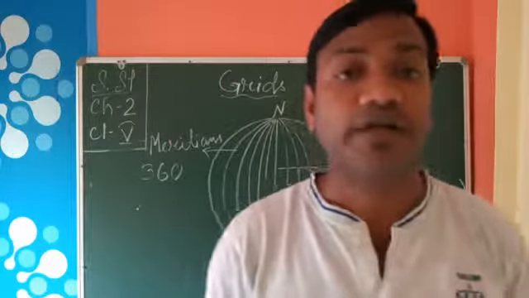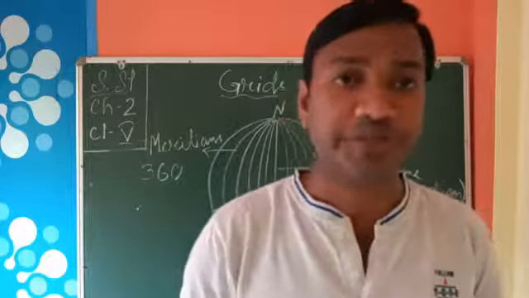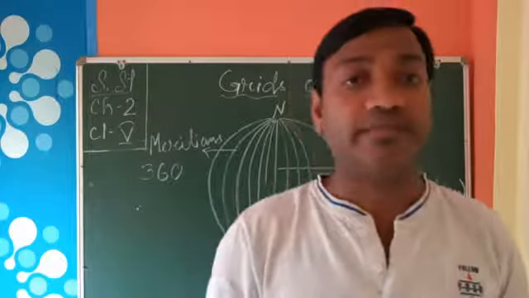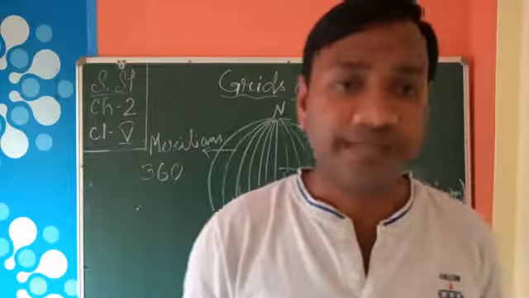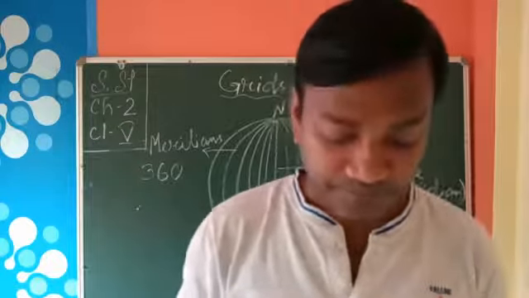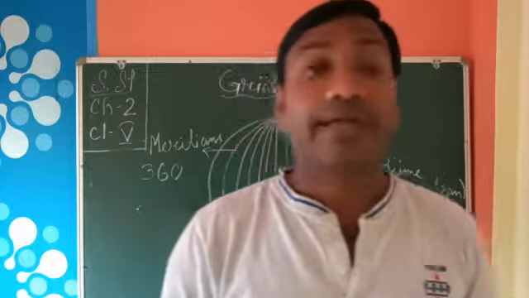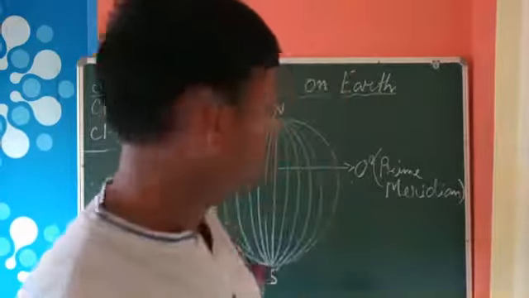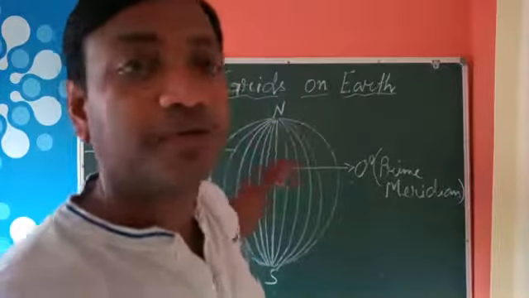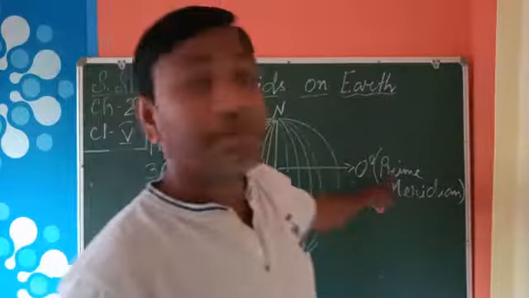Just near London, there is a place called Greenwich, and this imaginary line is given there. It is called the prime meridian or 0 degree longitude. There are 360 longitudes, and all the longitudes are also called meridians. That is why it is called the prime meridian.